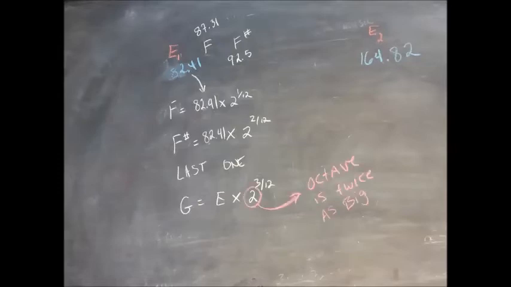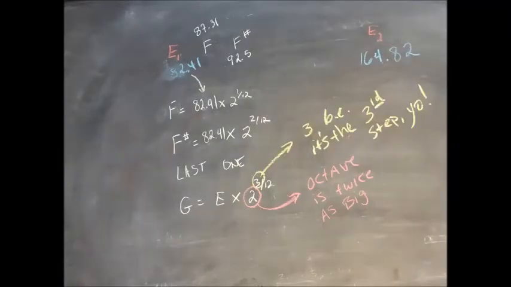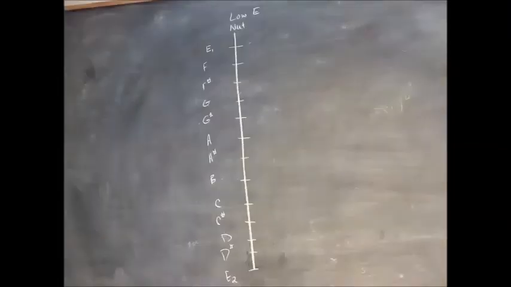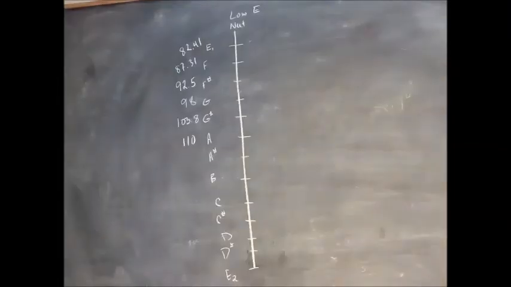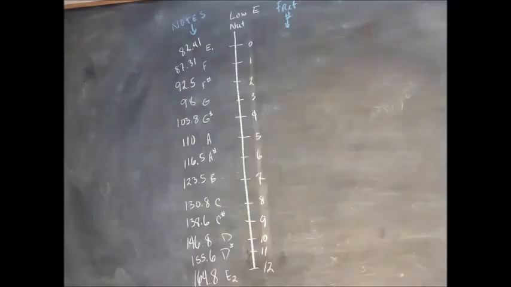Again, the 2 is because the octave has a double frequency, and we want 12 notes spaced in between, nice and pretty. So the third note is going to be the 3/12ths power. If you don't understand how the exponents work, it doesn't matter, but that's where it comes from. That's how we come up with the different notes.